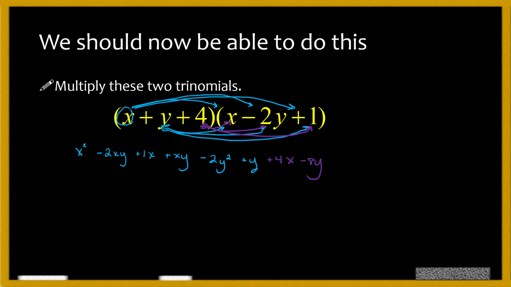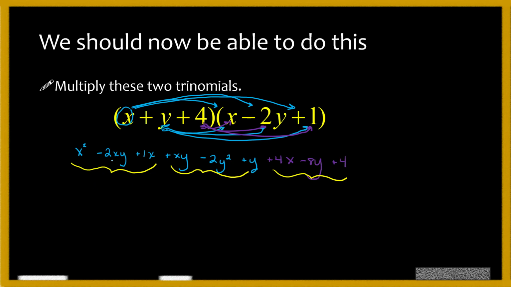And 4 times the 1, plus 4. So now I have done all of them. This trinomial represented the x times the second trinomial. This trinomial represented the second term y times the trinomial. And this grouping was the 4 times the other trinomial.